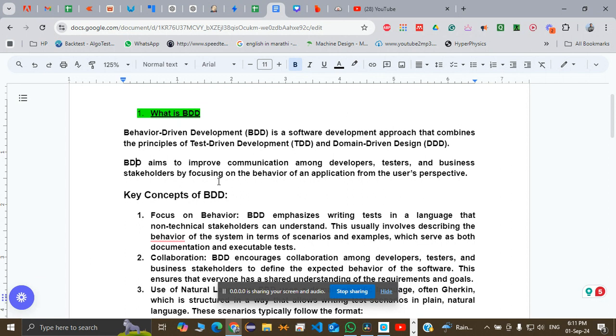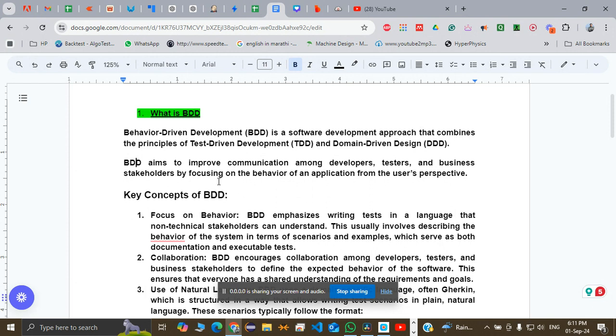That's how the stakeholder understands the functionality, and when they see that functionality automated, they can understand that this is the functionality and this is the automation code, and they can easily understand if there are some issues or modifications that need to be done.